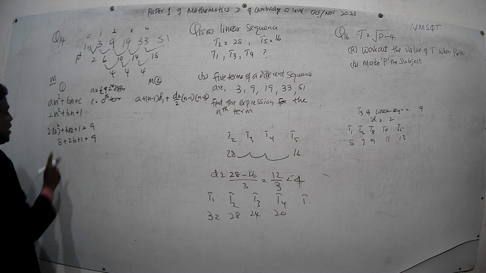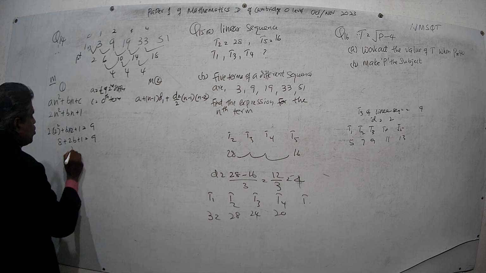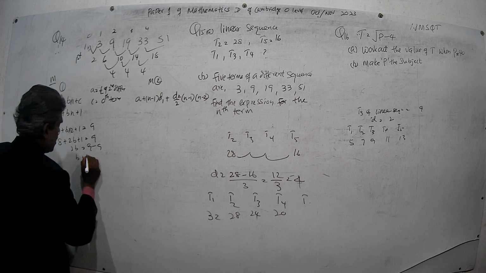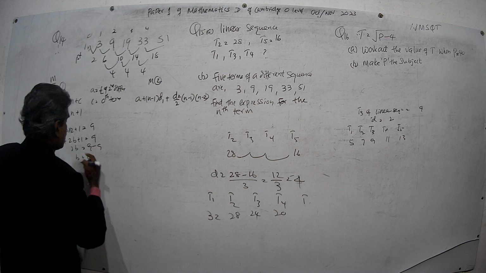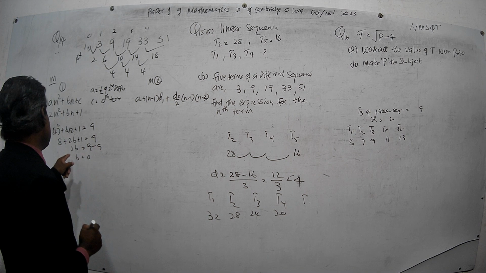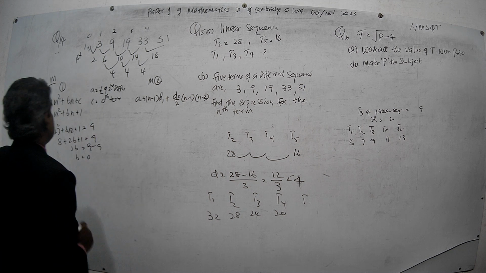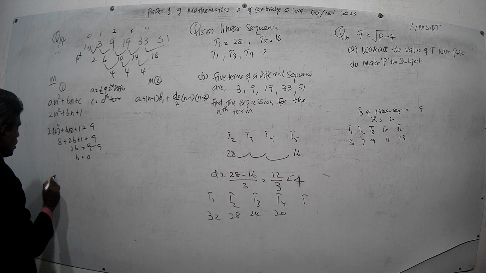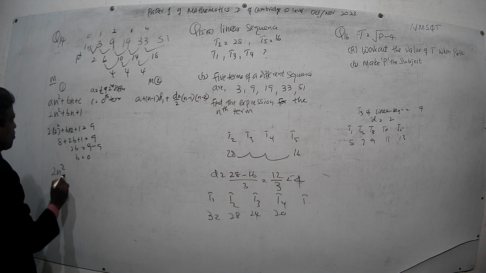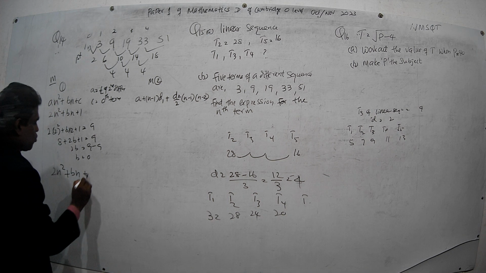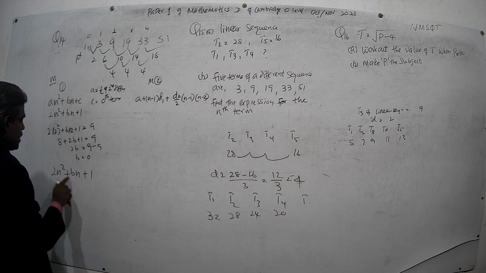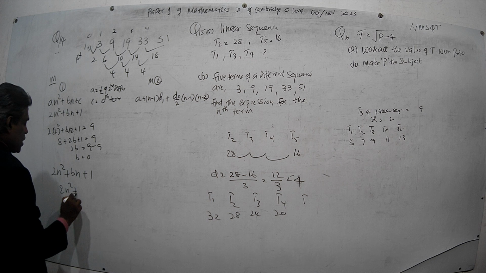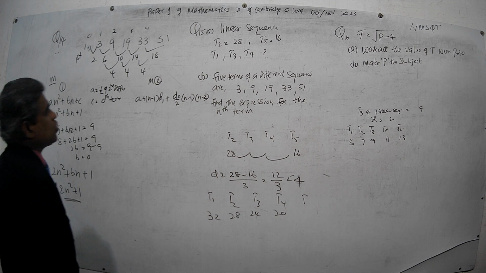Then 8 plus 1 is 9, so 2b equals 9 minus 9. B equals 0, because 9 minus 9 is 0, and 0 divided by 2 is b. So there is no b term. Therefore you get the answer: the nth term is 2n squared plus 1.